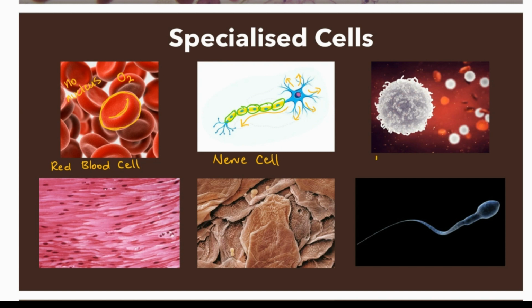Now, this next one should be quite familiar, especially considering that we've gone through infectious disease. This is not just a white cell, but in fact a white blood cell.